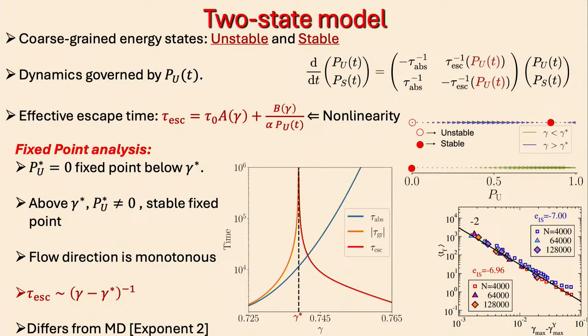The exponent that comes out is not the same as what we see, but we've made so many simplifications that maybe it's a little much to expect everything to come out right, but here it is.